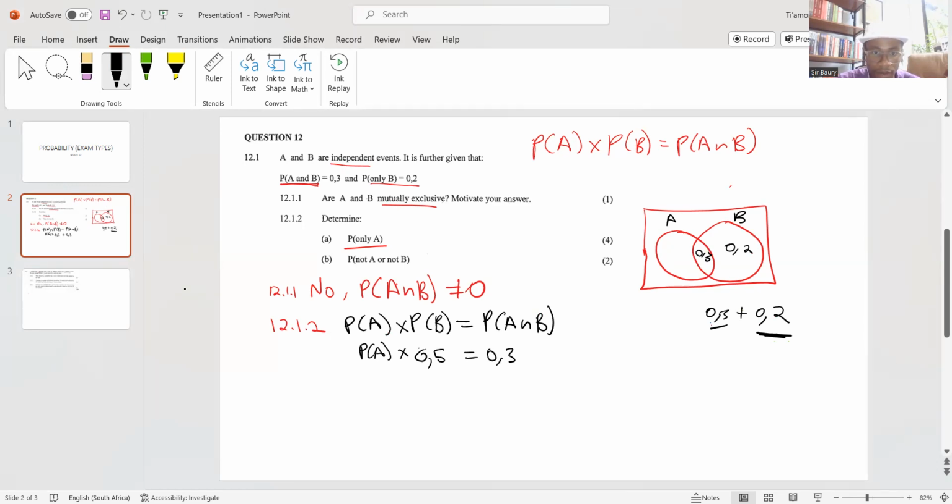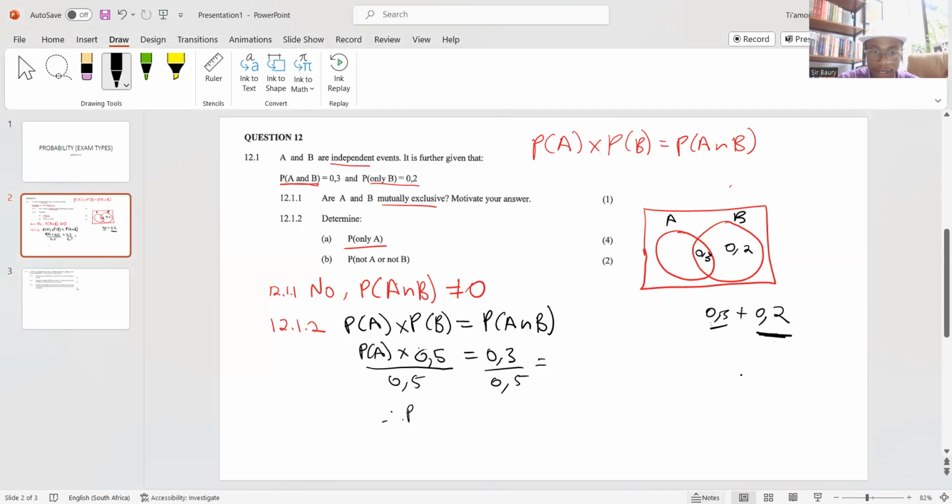So when I divide 0,3 by 0,5, I'm getting 0,6.